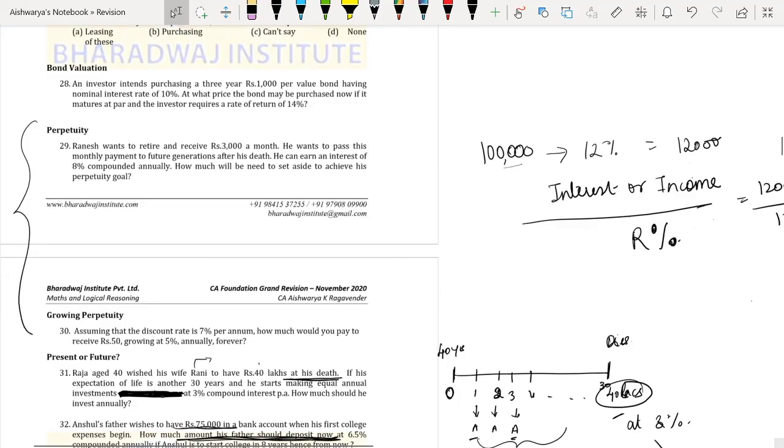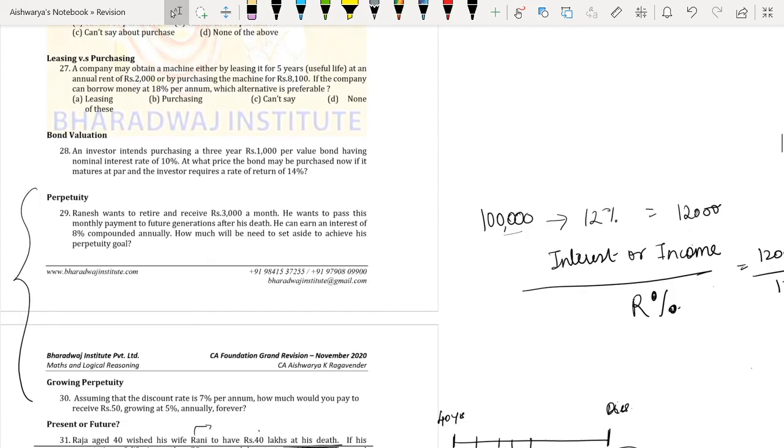So look at question number 29. Archana, can you continue? Read it. He wants to earn 3,000, right? So income is this much, percentage is 8%. So divide this, you will get the answer.